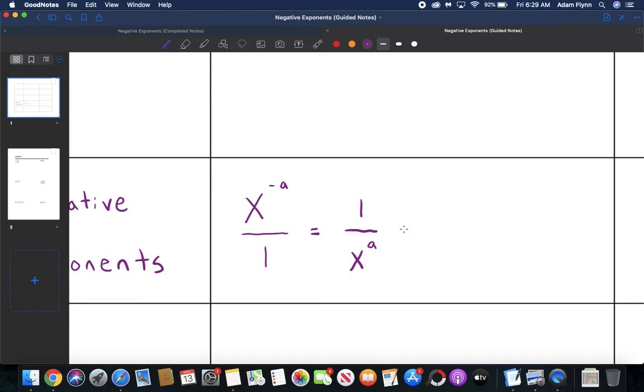So a rhyme I like to use to remember this is: cross the line, switch the sign.